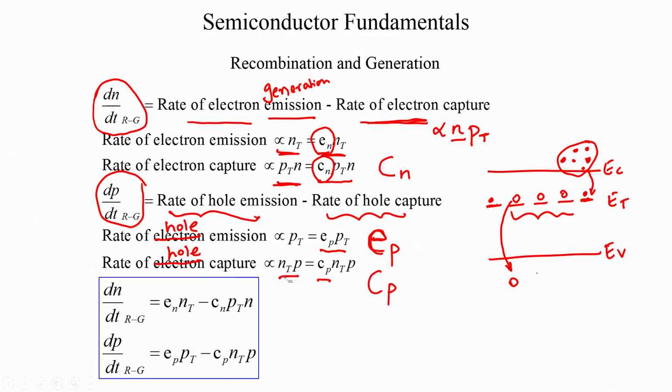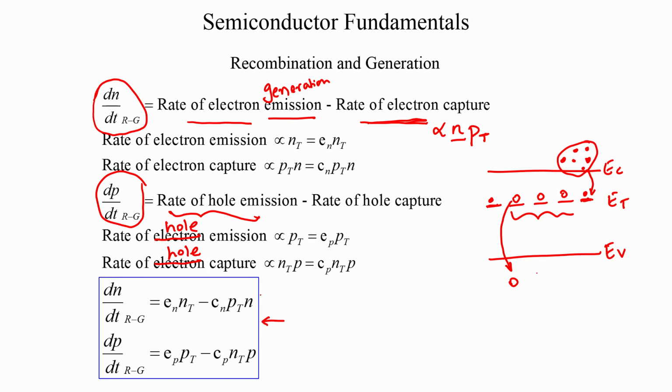Okay, so we now have 4 rates: the rate at which electrons are emitted and the rate at which electrons are captured, the rate at which holes are emitted and the rate at which holes are captured. Based on that we can set up 2 neat differential equations, one pertaining to the electrons and one pertaining to the holes.